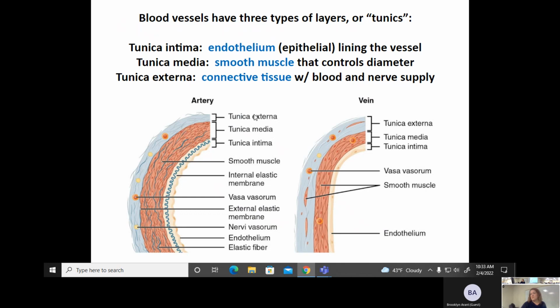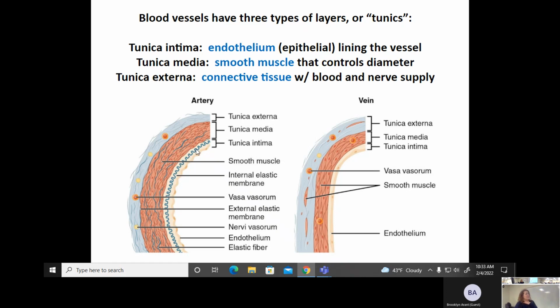And this can contract or relax, and that's going to control whether the blood vessel is small diameter or big diameter. And then on the outside, there's connective tissue wrapping that holds it all together, and there will be blood supply and nerve supply in that outer layer, the tunica externa.